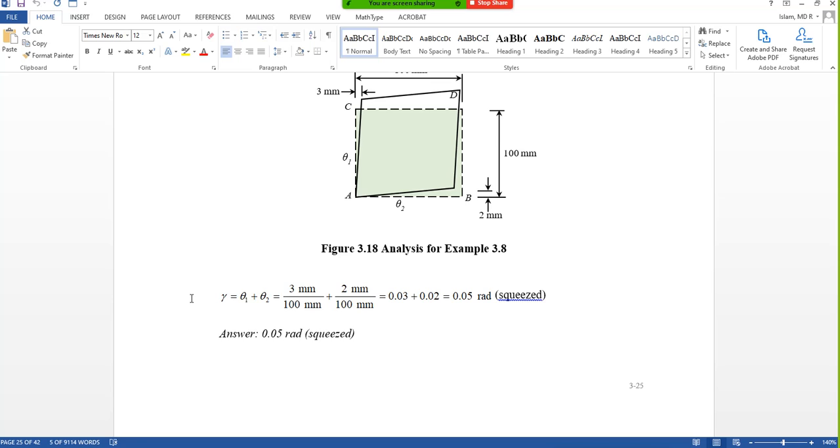Yeah, I got 0.0499 if I use the tan. But here 0.05, what is the difference? Same thing, 0.04998. So you can see whether we use tan or not, it doesn't matter.